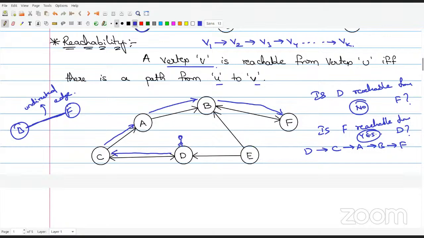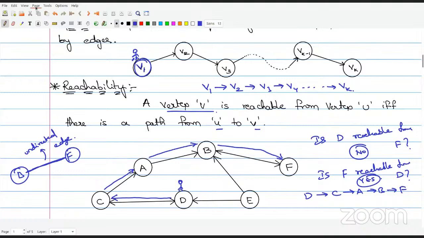Okay. So what if I ask something like, find all the vertices that are reachable from C? Let me take a new page.